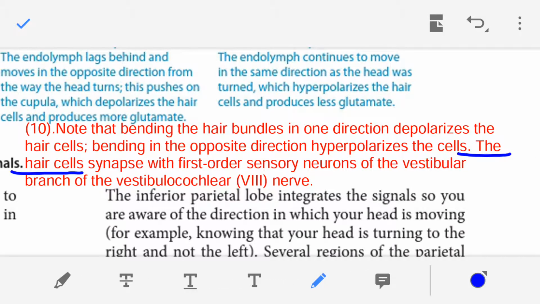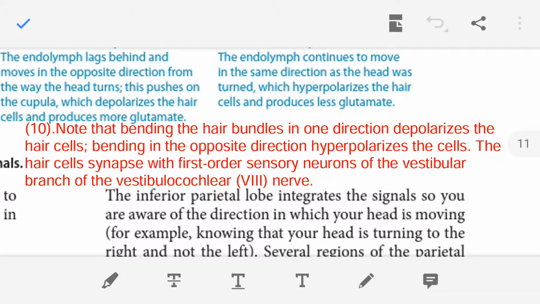The hair cells synapse with first order sensory neurons, the first order sensory neurons of the vestibular branch of the vestibulocochlear nerve. We studied this point in the previous lecture also. Once again I will show you the figure for this point.